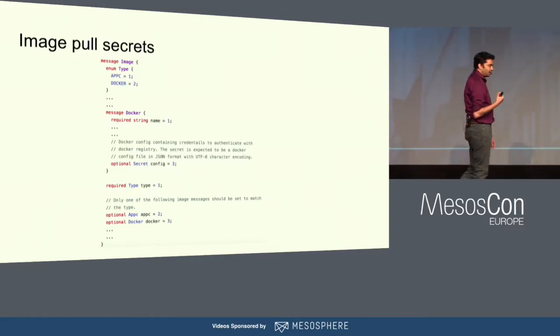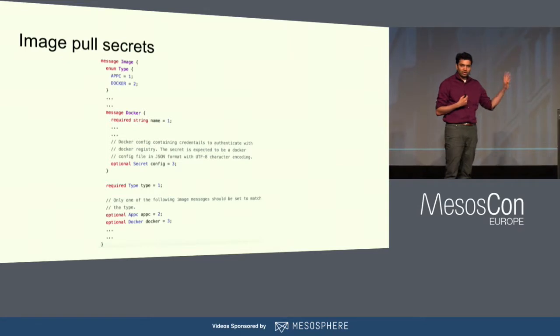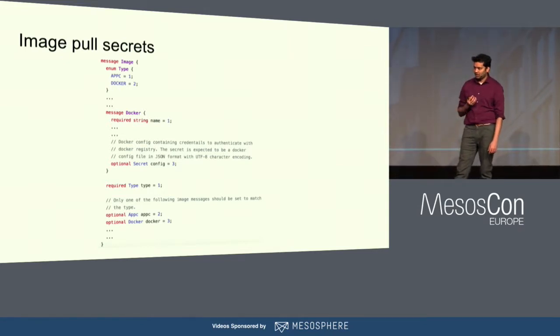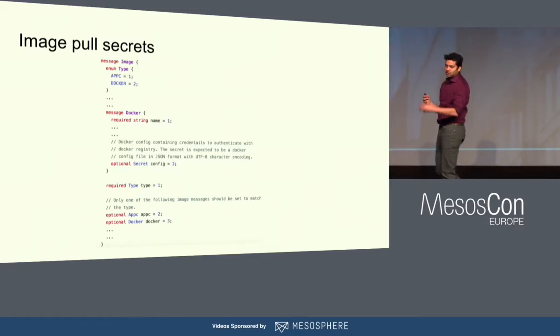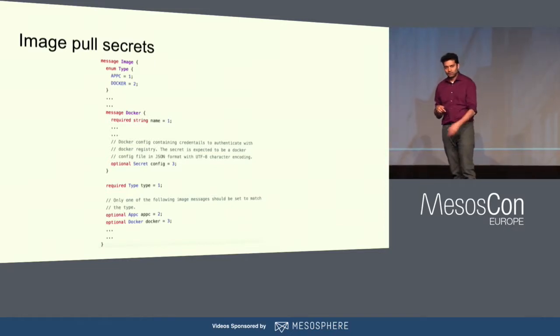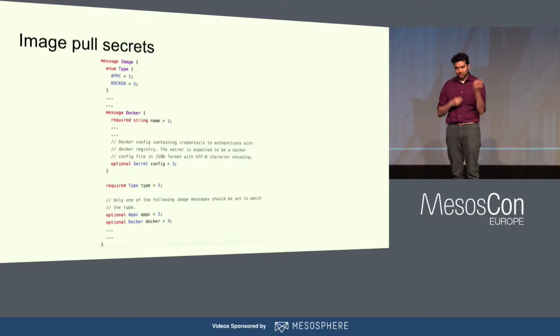The way we interpret it is we use a secret resolver to get the secret value from the secret store, and we decode that as a Docker config file. We don't need to put it in the environment. We just interpret it as your Docker config and use that information to pull the image.